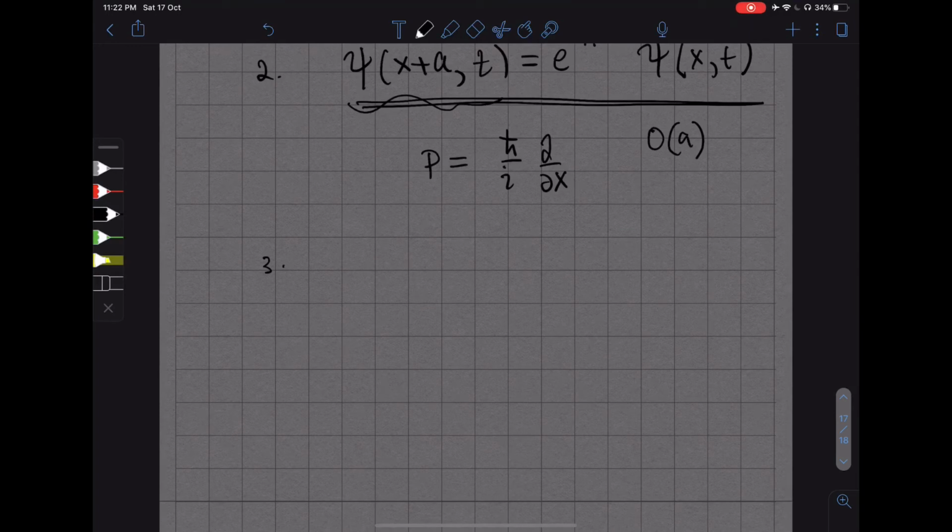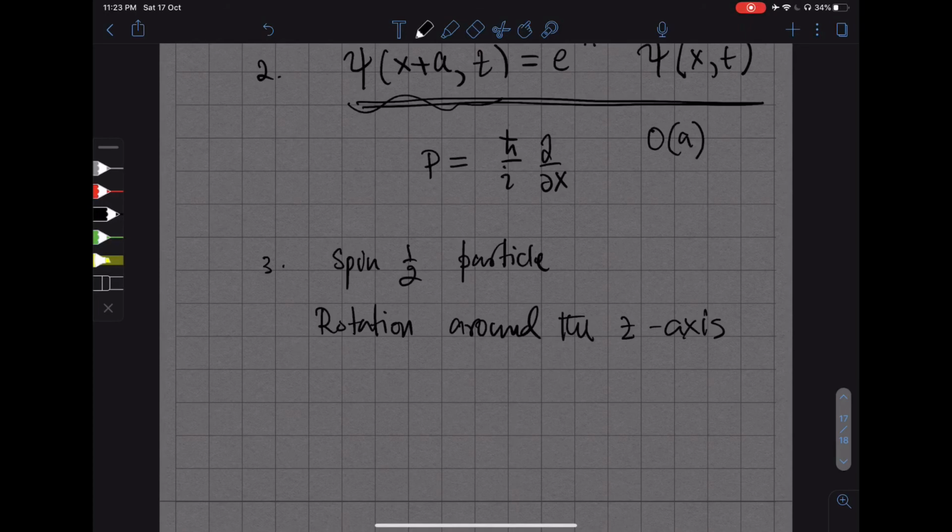The last example we're going to do is the rotation of a spin half particle. We are going to do a rotation of this particle around the z-axis.